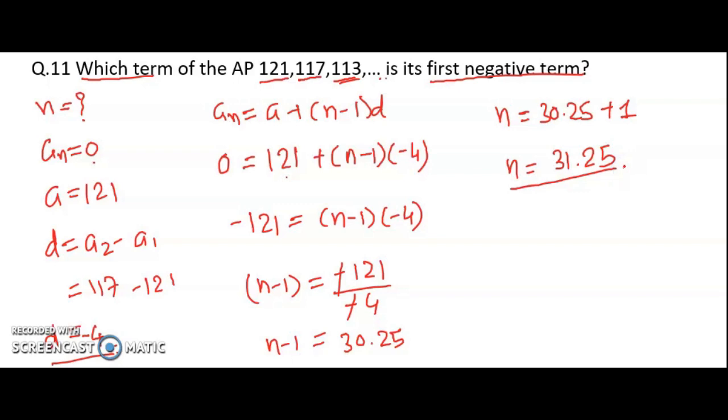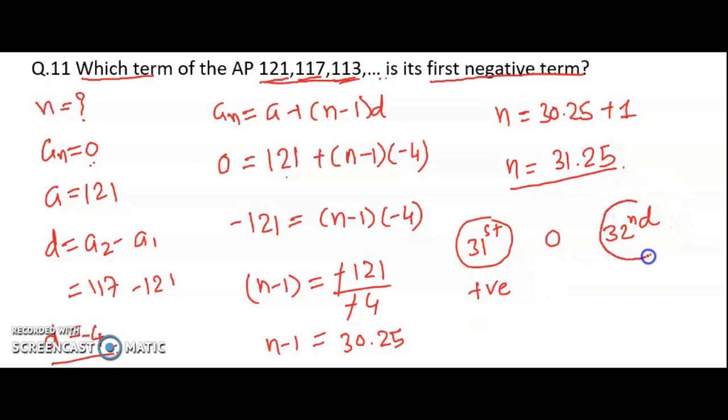It means the 0 will lie between the 31st term and the 32nd term. If you observe this series, the 31st term will be a positive term and the 32nd term comes after 0.